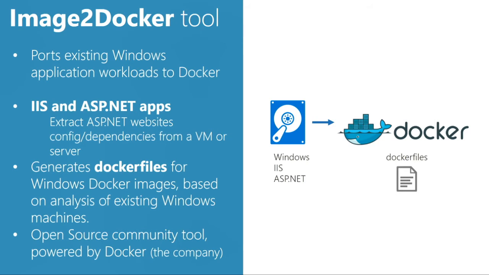So Image2Docker will explore that and will generate the Docker file with all that configuration for Windows for you. So you don't have to research how to do that. Okay, so this is pretty convenient. And you just need the binaries and the IIS box. You don't really need the code. That's why I was showing that in Visual Studio, but you could also do it with just the binaries.